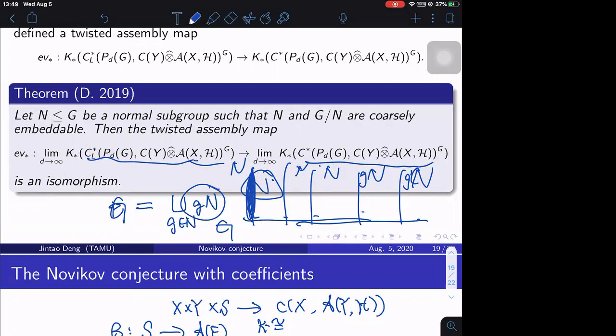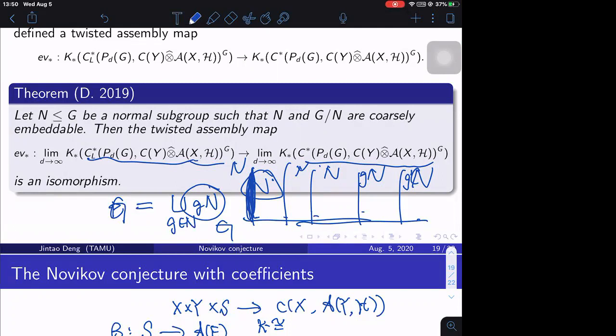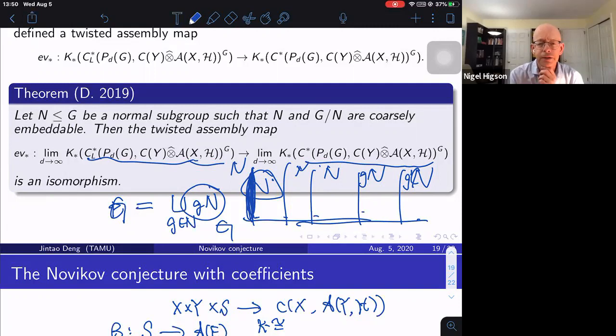We consider such a class of groups, and we can show the Novikov conjecture holds for every element in the class generated by coarsely embeddable groups. But I don't know what geometric property of G contributes to the Novikov conjecture. Okay, thank you.